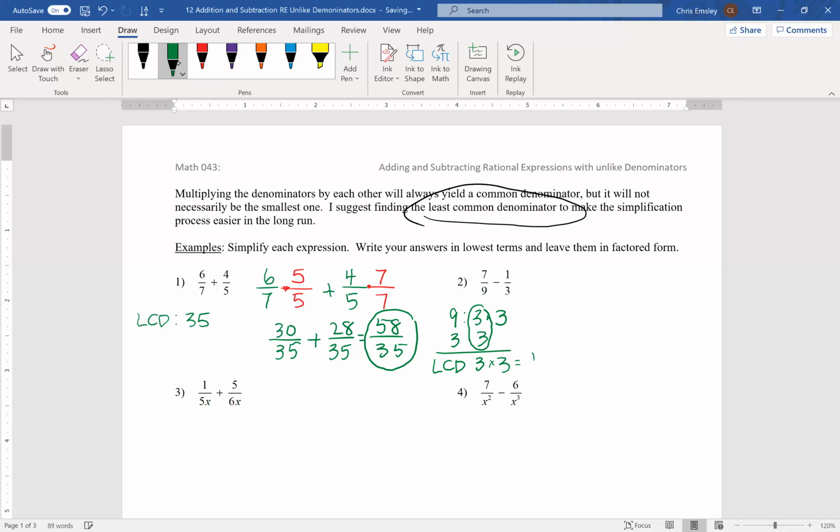So our least common denominator is going to be 3 times 3, which is 9. That means the first fraction doesn't have to be changed at all. It already has a common denominator. But 1/3 does need to be changed. We multiply that by 3 over 3 to get that common denominator. So we get 7 over 9 minus 3 over 9, which is 4 over 9.